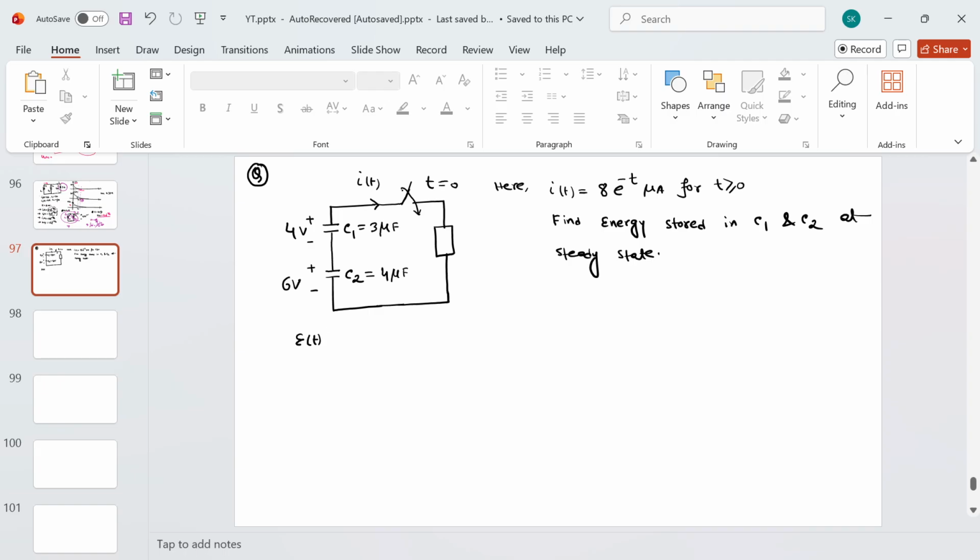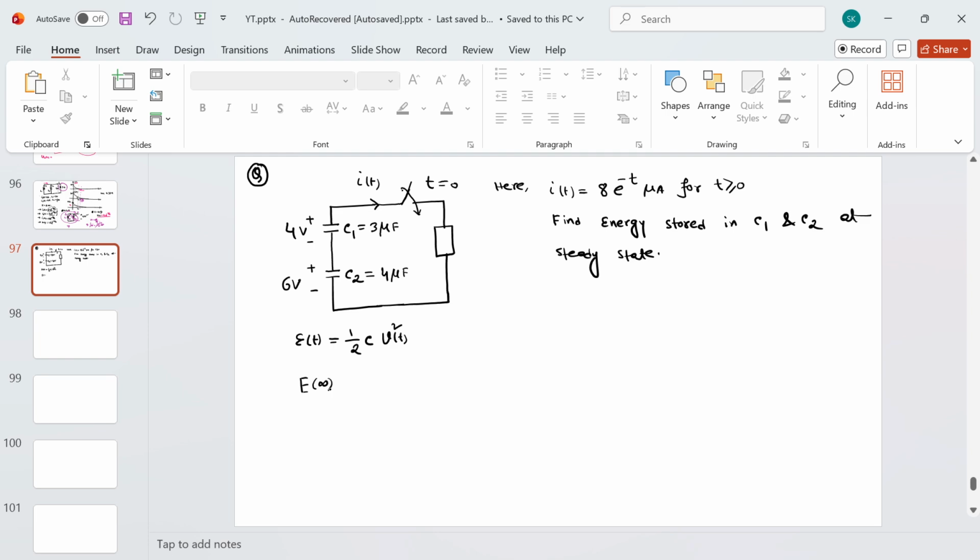the energy stored in a capacitor at any given instant t is given by half C V(t) whole square, right? And this particular energy is the energy stored by the capacitor at any given time t. Now you need to calculate at steady state. So basically you need to calculate the steady state energy.